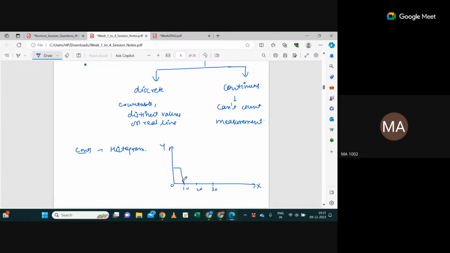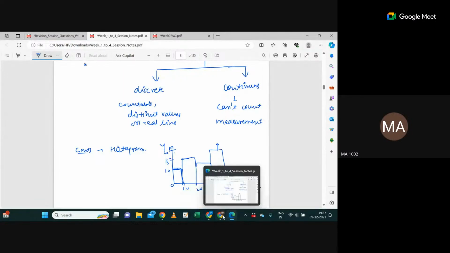A histogram is simply a continuation of bars. The length of the bars represents the count, suppose 10, 15, 20, and the axis represents the bins.